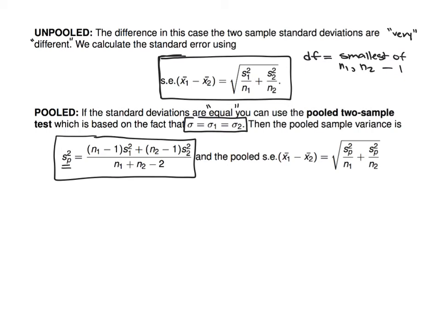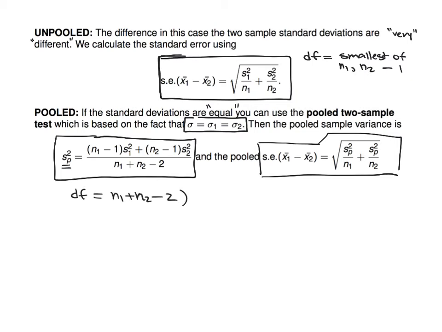And then once you've calculated this SP squared, you use that in this formula, which is the same as the formula above, except you see how this is SP and this is SP, whereas this is S1 and that's S2. And the nice thing for this one is that the degrees of freedom is equal to N1 plus N2 minus 2. And bigger degrees of freedom also leads to smaller p-values given the same t-statistic, so that's one reason why that's a little bit important.